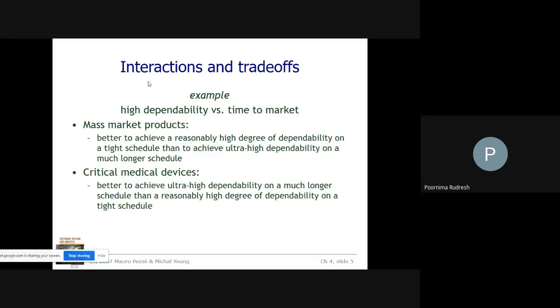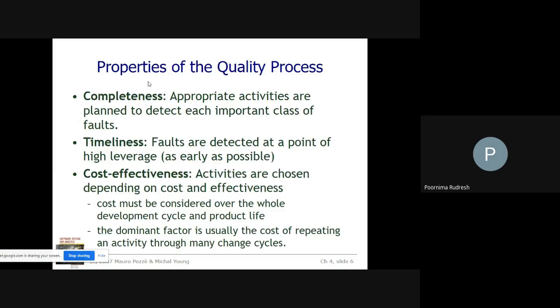And hence for critical medical devices, our main goal is to achieve ultra high dependability by using more time for the software development. Understood? So for critical medical devices, it is better to achieve ultra high dependability on a much longer schedule than a reasonably high degree of dependability on a tight schedule.